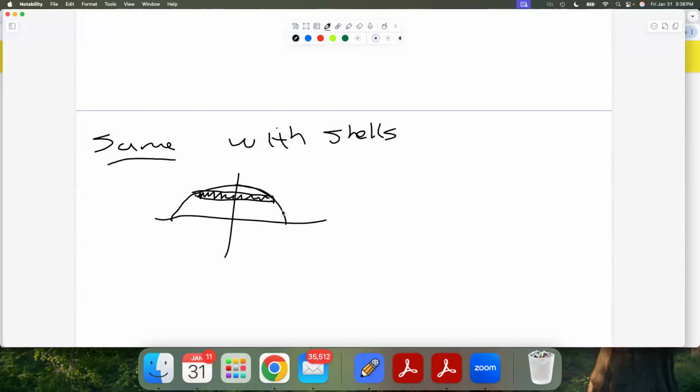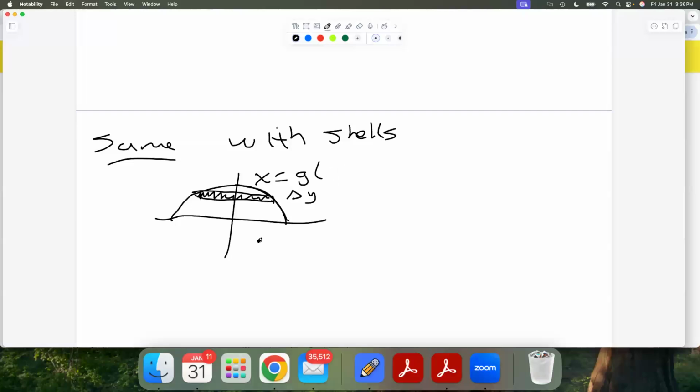I would have some delta y, and I would need this as a function of y, and take top minus bottom. Or, because we have symmetry here, I could just find this distance and double it. But I would need x equals some function of y. And we could do it. It wouldn't be that much work.